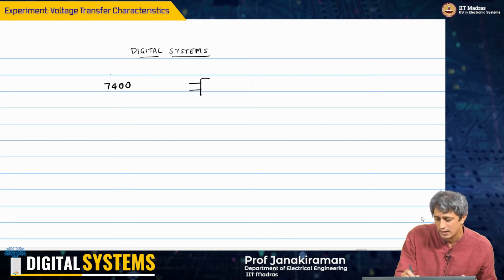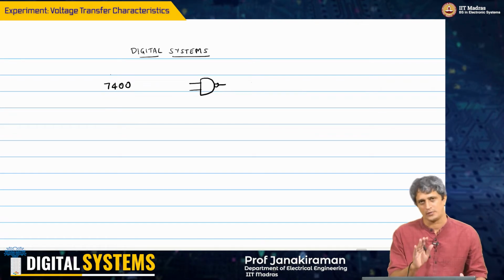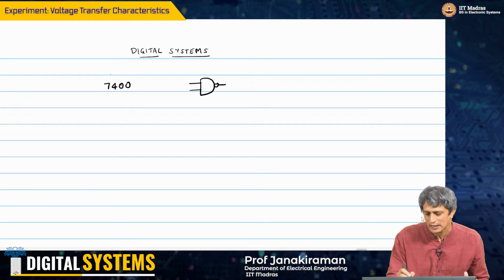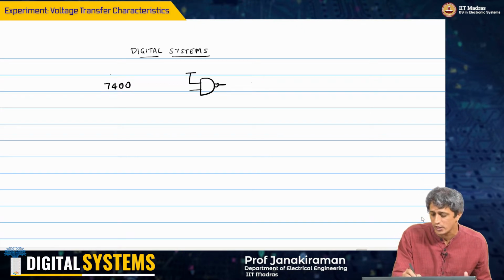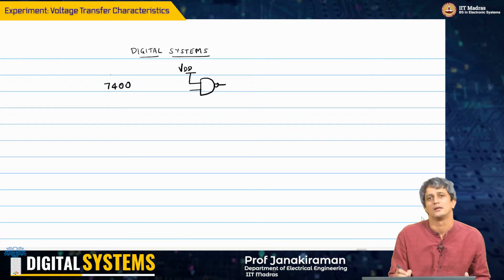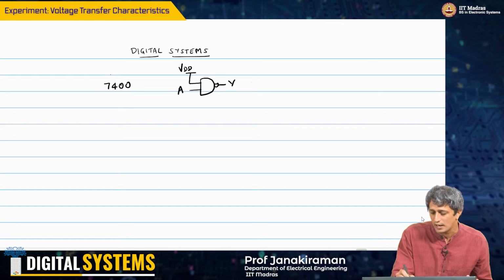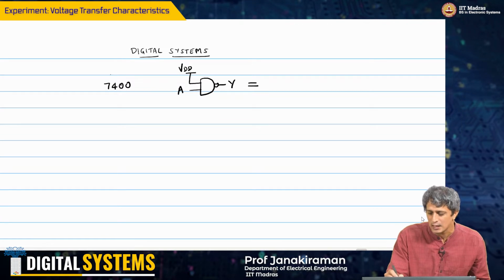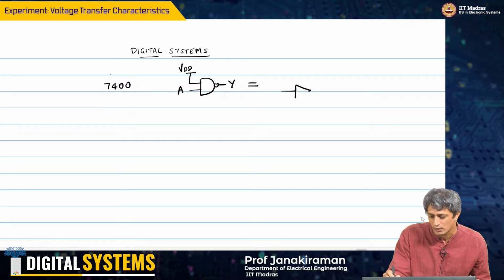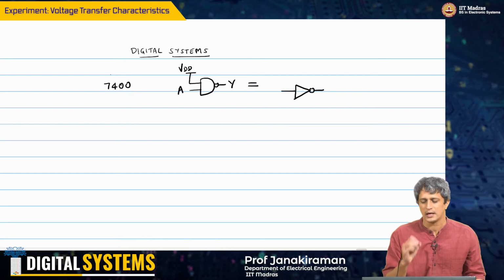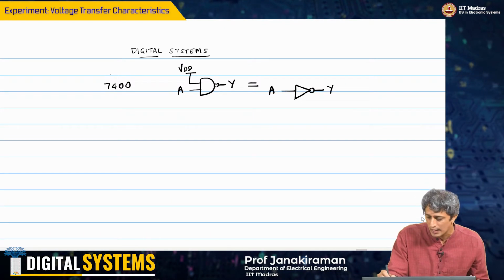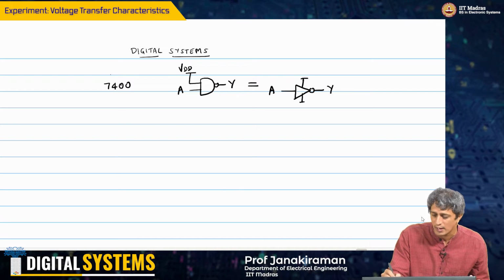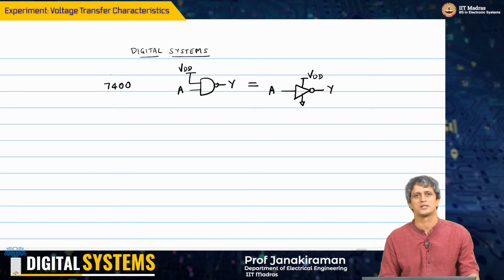I understand we don't know what a NAND gate is yet, but for all practical purposes, if I connect one of the inputs to the high or the power supply VDD and then I connect another input A and look at the output Y, this is exactly equivalent to an inverter, with an input A and output Y, power supply going to VDD and the ground being connected to the circuit ground.